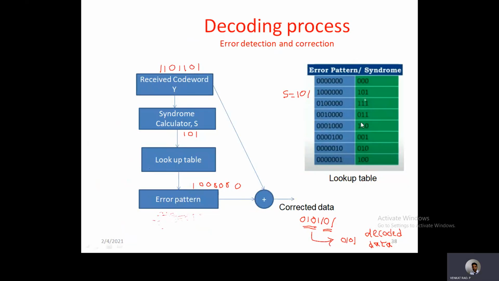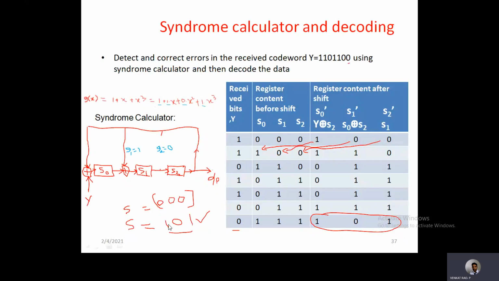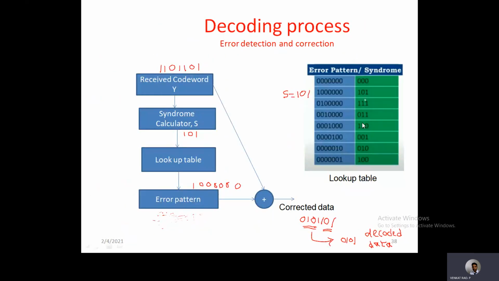For example, if the syndrome vector calculated from this operation is 110, we can conclude there is an error in the 4th bit position, because we compared it in the lookup table and the error pattern has a 1 at the 4th bit position.